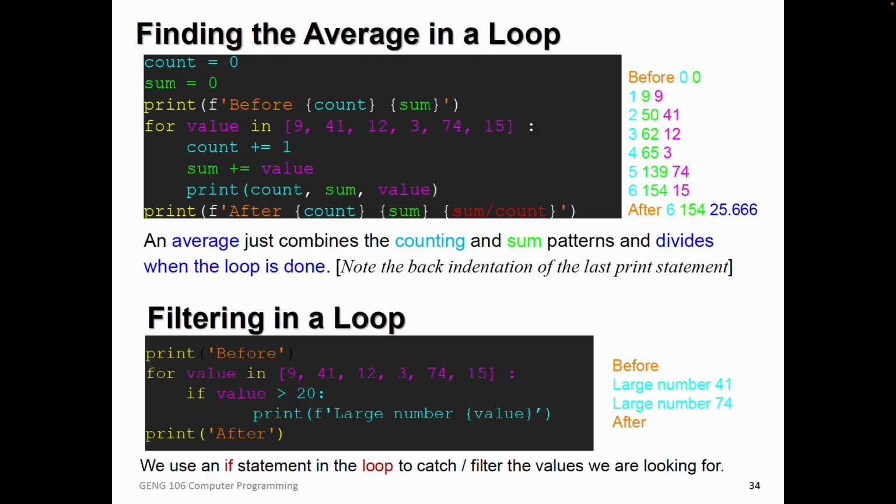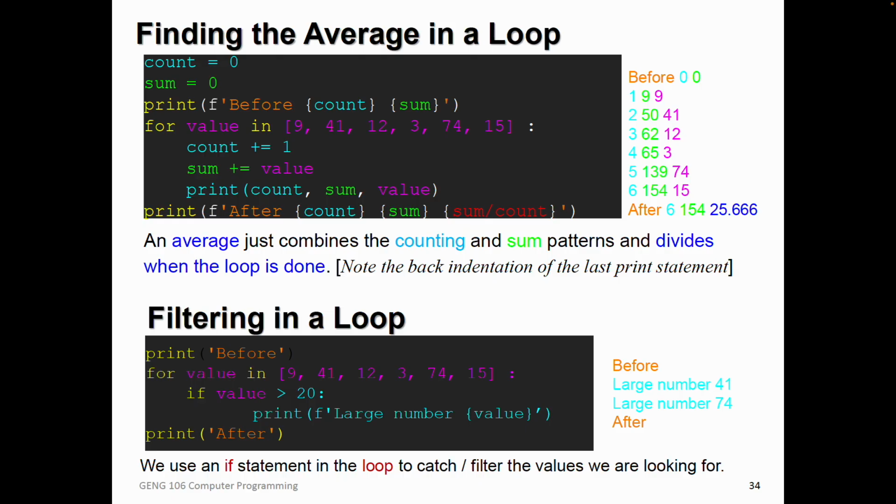I have one indentation for the for loop, but for the code that I want to run for the if statement, I'm putting some more indentation, because this print belongs to the if statement. If this is true, that should run. So this is important: I just put some more indentation.